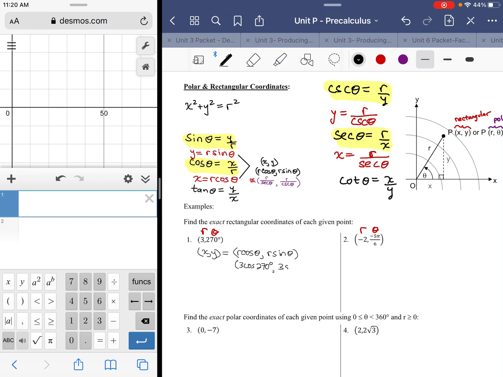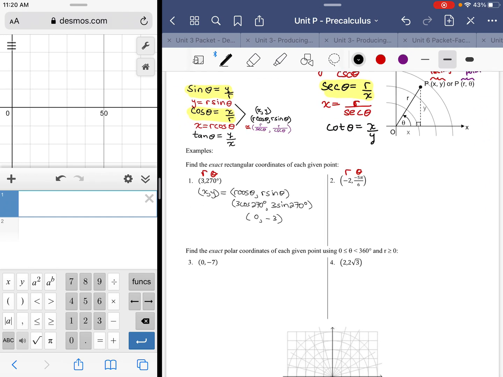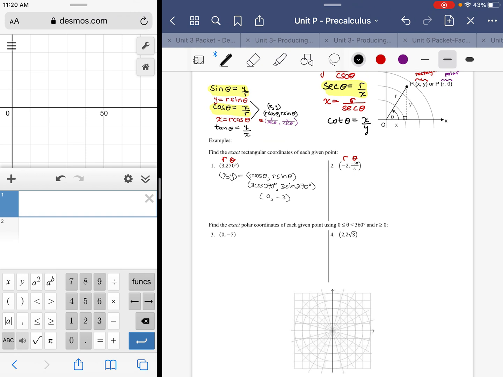So we're saying 3 cosine 270, 3 sine of 270. Cosine of 270 is equal to 0. 3 times 0 is 0. Sine of 270 is -1. 3 times -1 is -3.